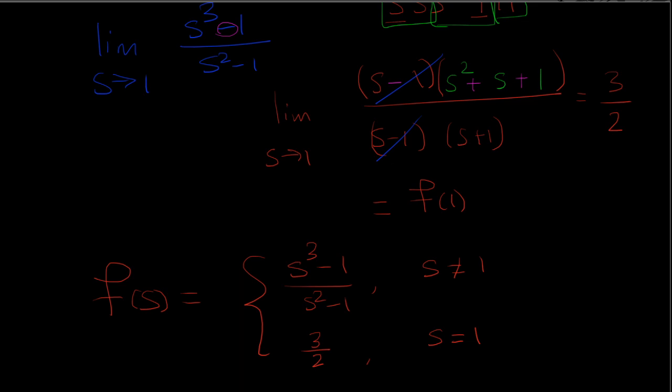Now let's look at another function. So we want to define g of x, or g of 4 rather, in a way that extends g of x equals x squared minus 16 over x squared minus 3x minus 4 to be continuous at x equals 4.